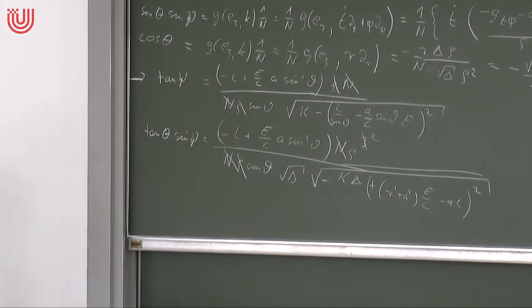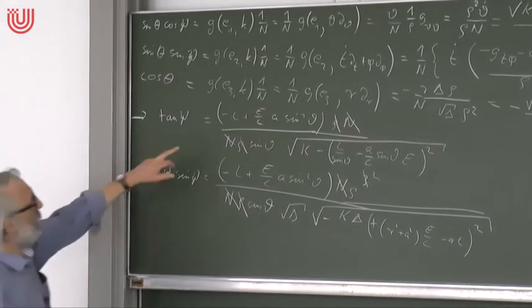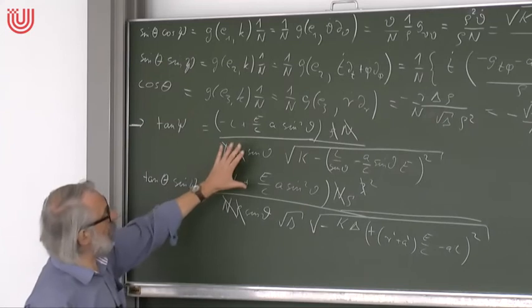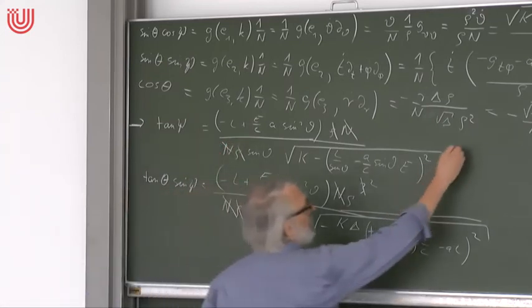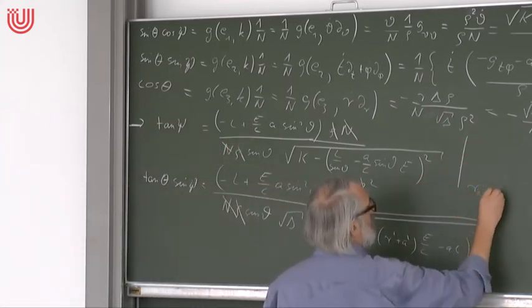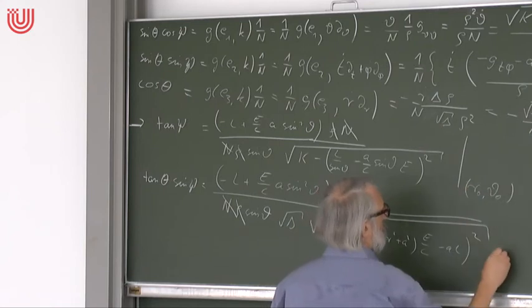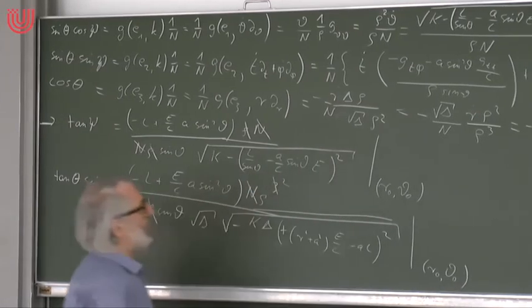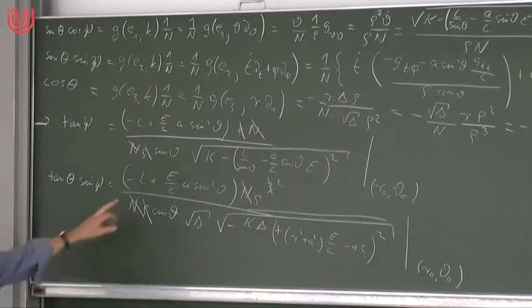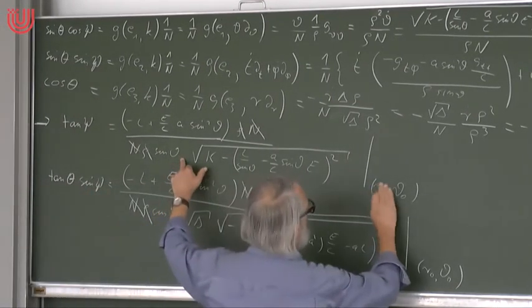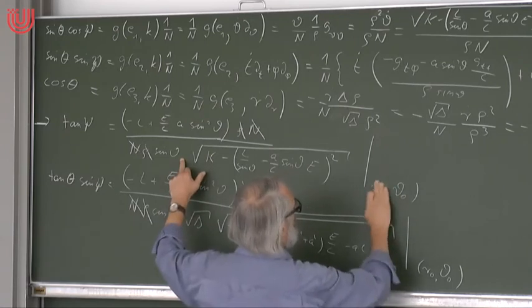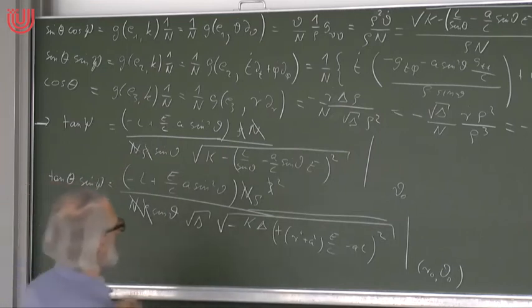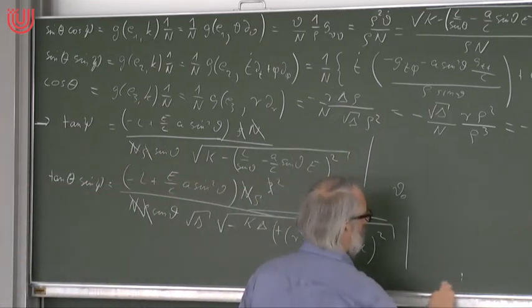With these expressions, if you tell me the constants of motion, we have a light ray with constants of motion L, E, and K, and we are at the position of the observer. So here I have to insert RO and theta O. Well, actually, wait a minute. This expression depends only on theta O. RO doesn't occur. There's no R coordinate here in this expression, and this depends only on RO. That's quite funny, actually.